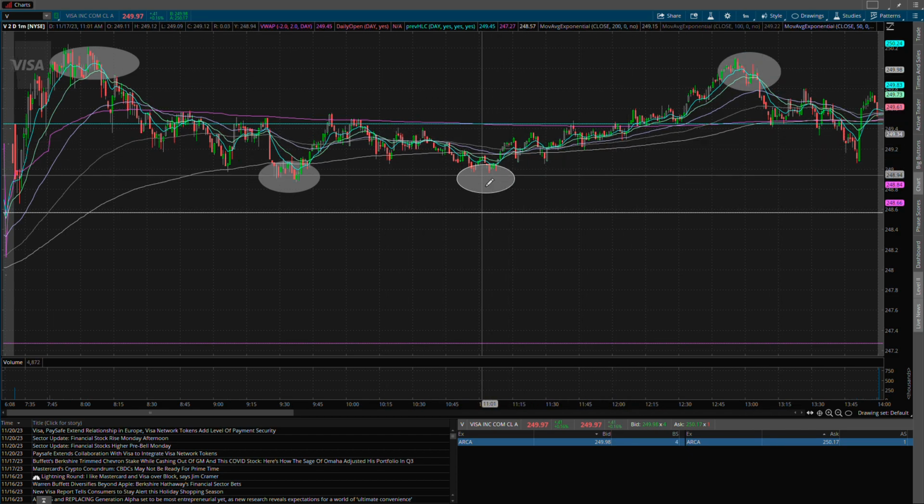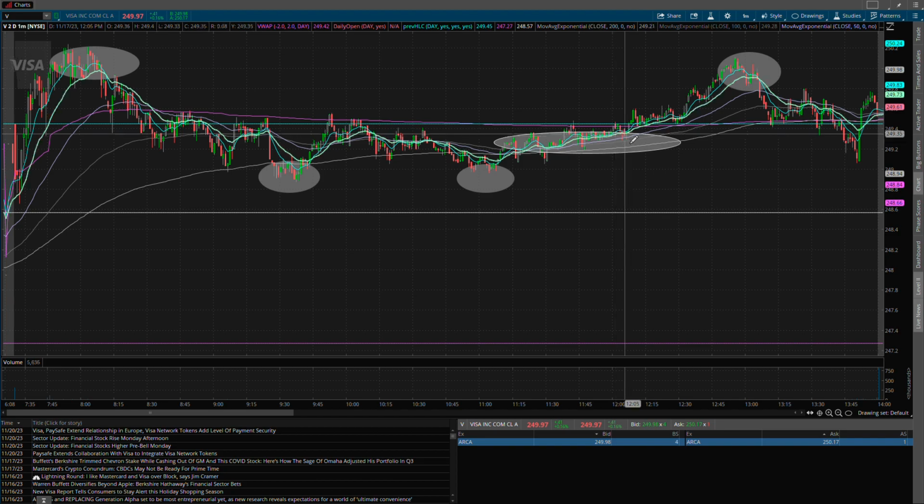And so essentially, if I were to have gotten in here, it would have been maybe considered as a range bound situation. That would be a breakout and go up. So I'm looking at it. There are just three types: continuation, reversal, breakout.